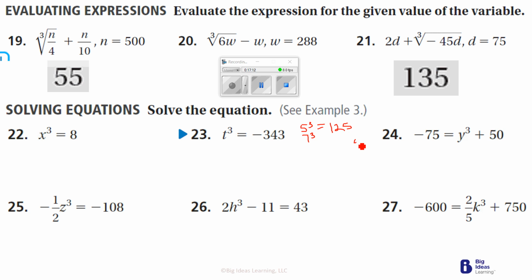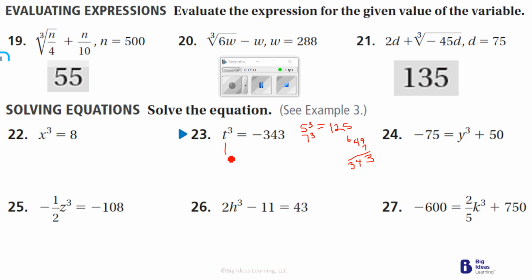All right, 7 times 7 is 49. 49 times 7, that's 7 times 9. Oh, 63. There's that 3 we were looking for. Now we got 7 times, that's going to give me 343. Yep, perfect, because that's going to be 28 plus 6 is 34.